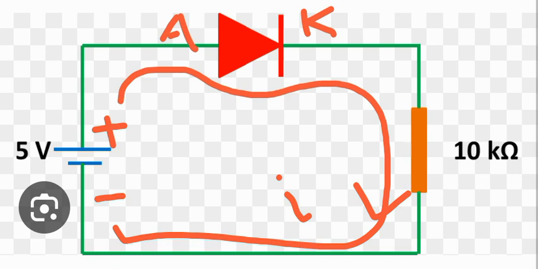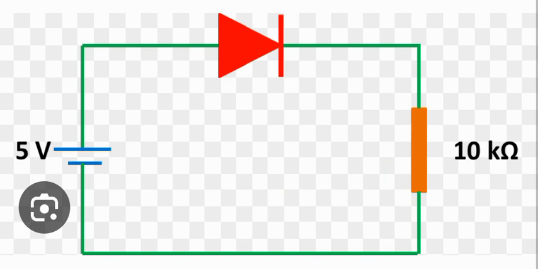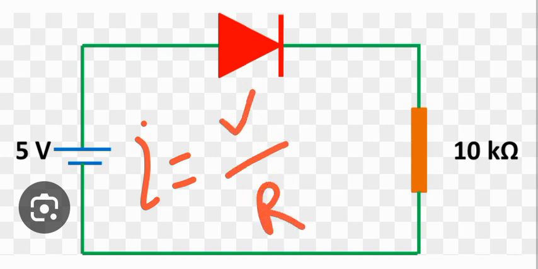So if you want to know the total current I flowing through the circuit, the value of it can be given as I equal to V over R, and that V is your 5 volt minus the drop across this diode.